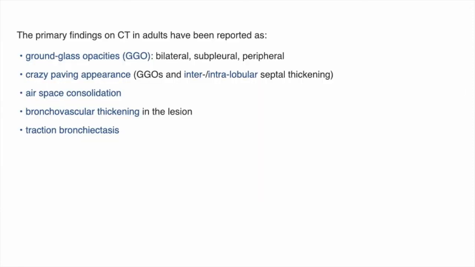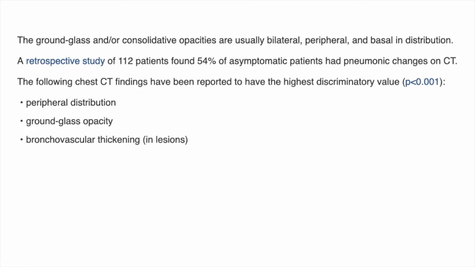Now, as you go to CT, the primary CT findings are ground glass opacities, crazy paving appearance, air space consolidation, bronchovascular thickening, and traction bronchiectasis. In case of the ground glass appearance, these are usually bilateral, peripheral, and basal.